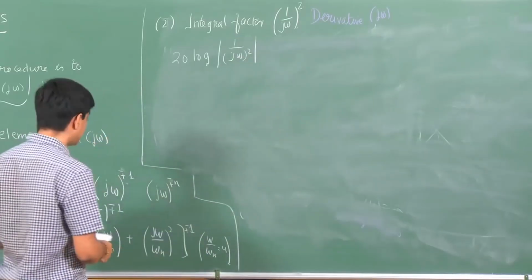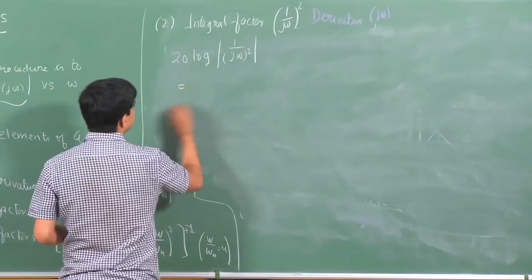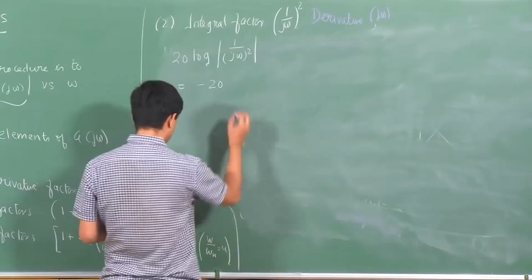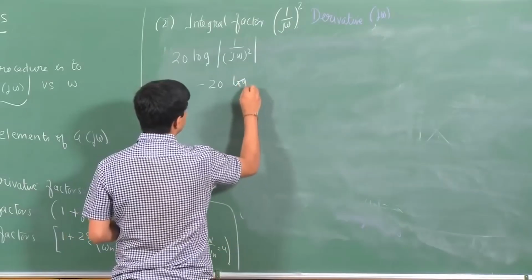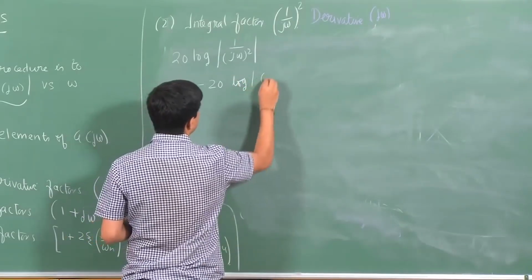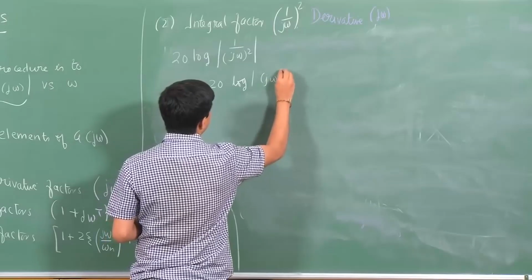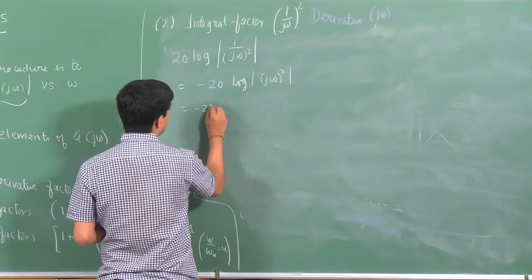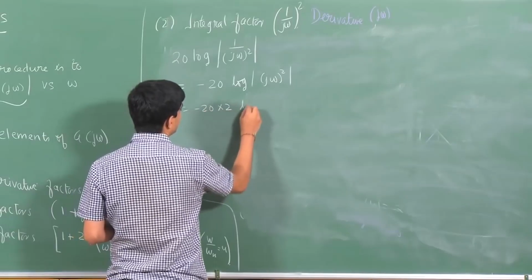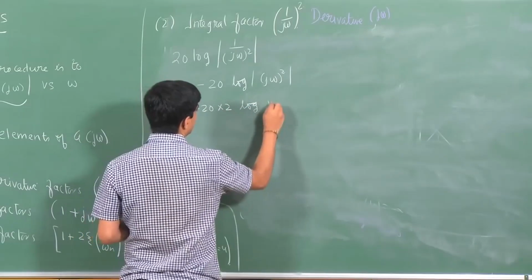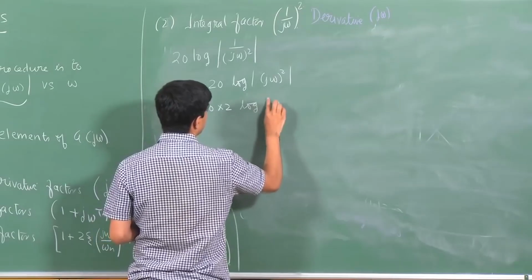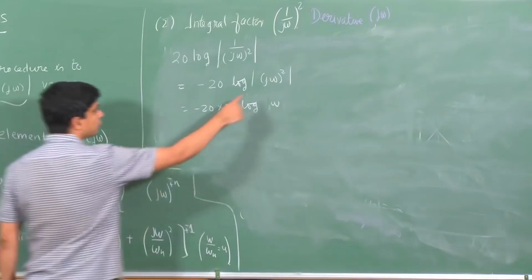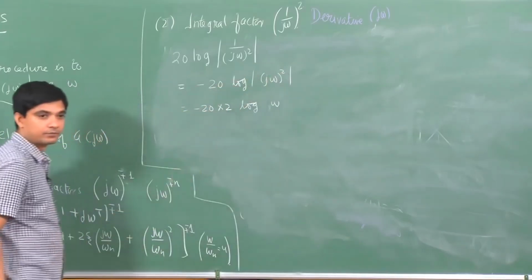Now, this is minus 20 log of again (j omega) square, or minus 20 times 2 log of j omega, or say just omega if I just look at the magnitude. Okay. So, this 2 just comes and sits here, right.